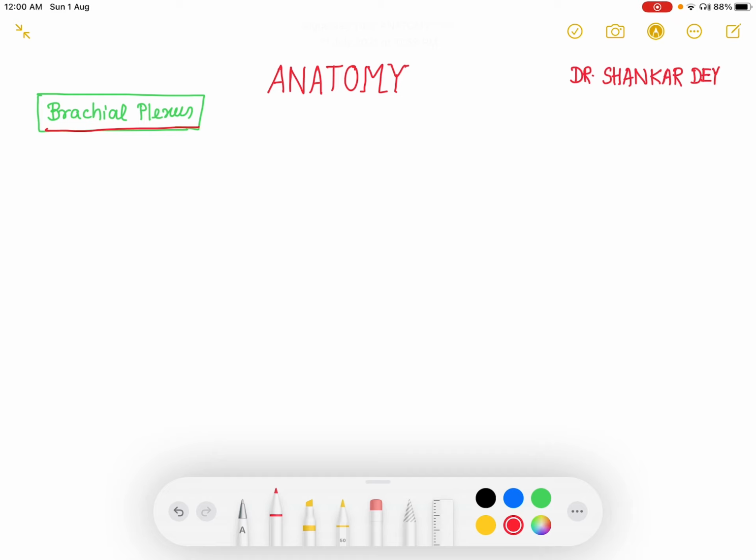So what is the origin of brachial plexus? The origin is ventral or anterior rami of C5, C6, C7, C8 and T1.